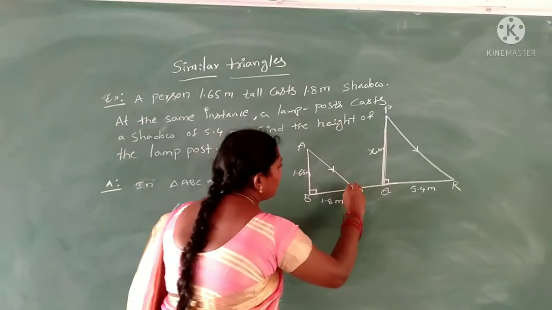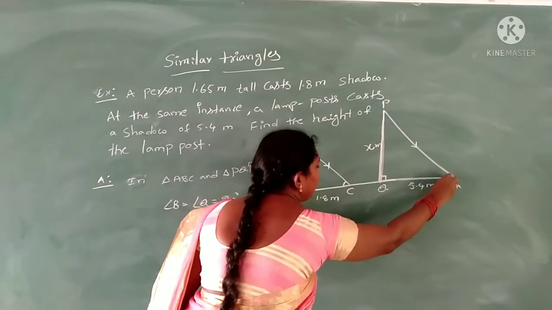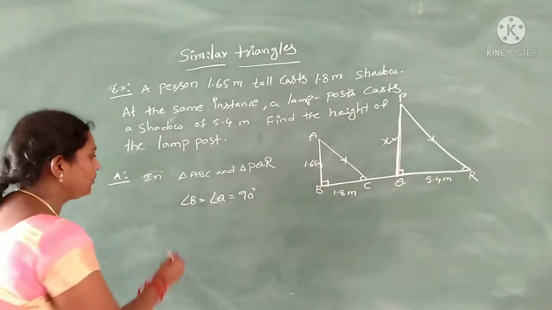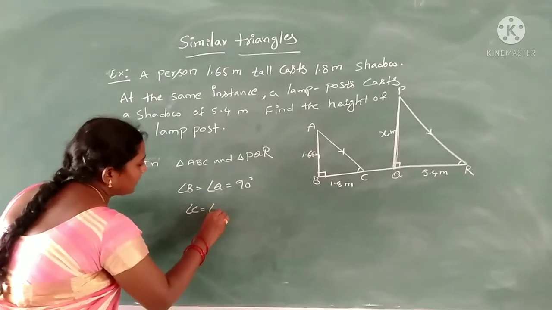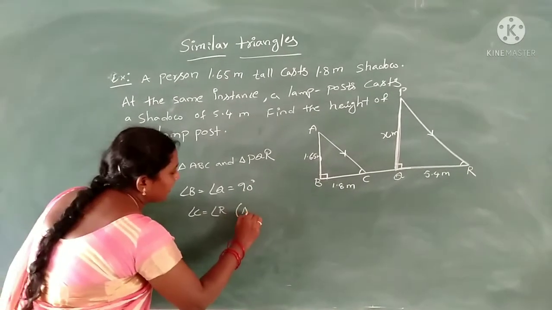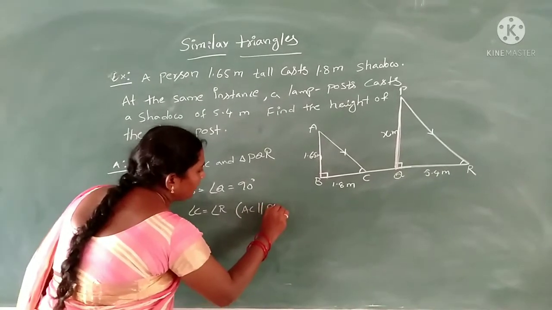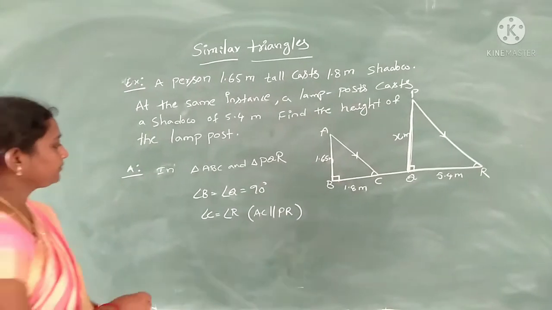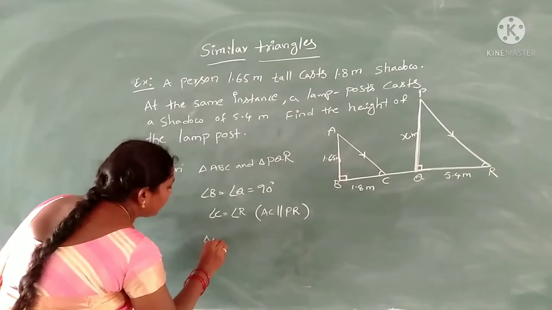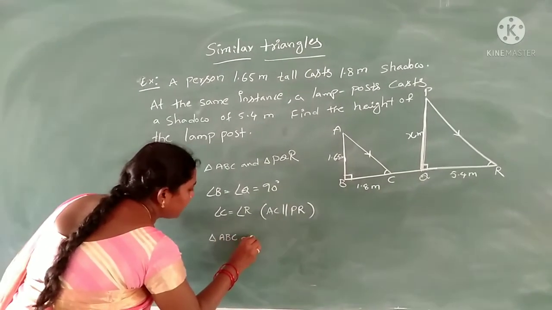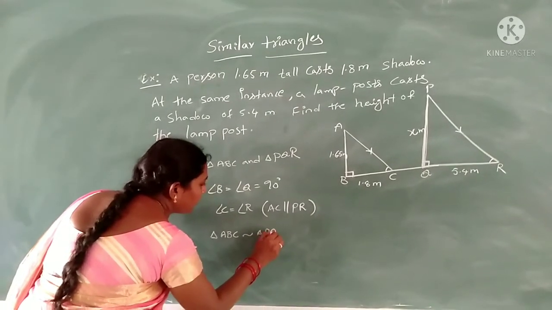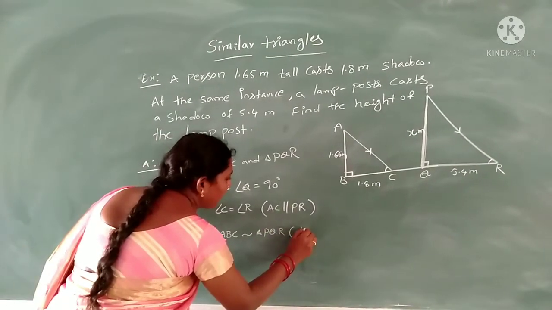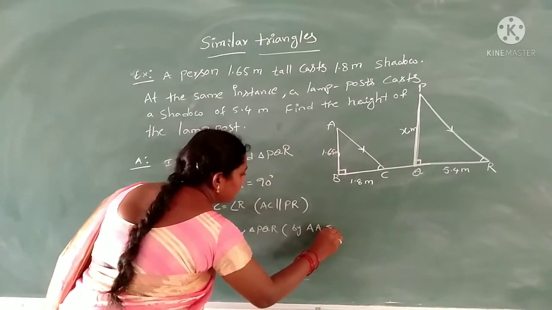So, angle Q equals angle R. Angle Q equals angle R because AC is parallel to PR. So, triangle ABC is similar to triangle PQR by AA similarity.